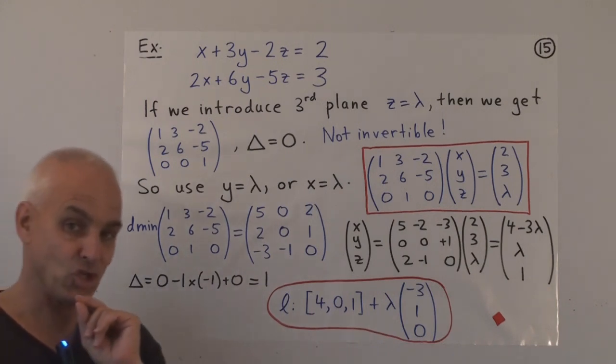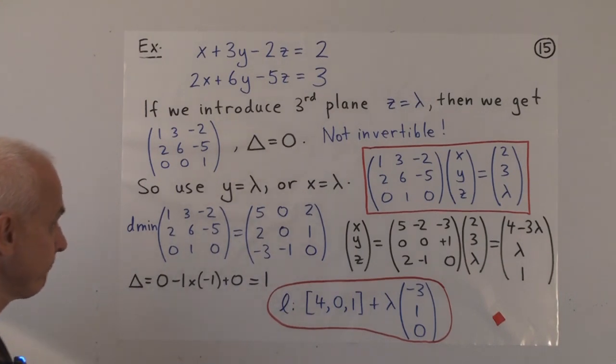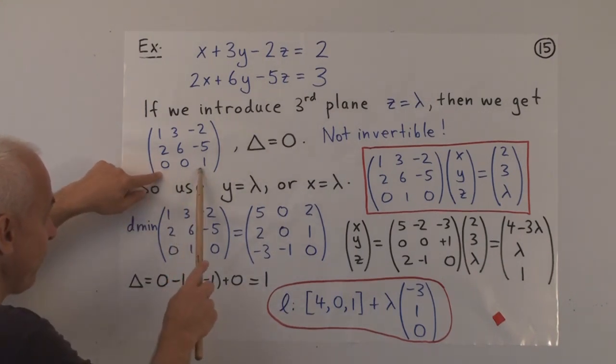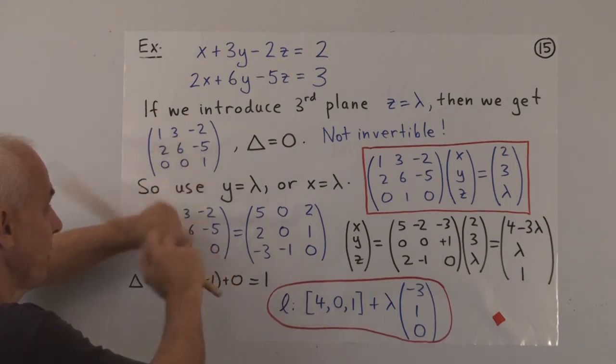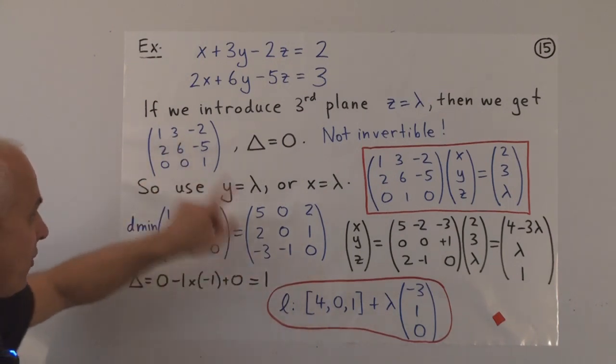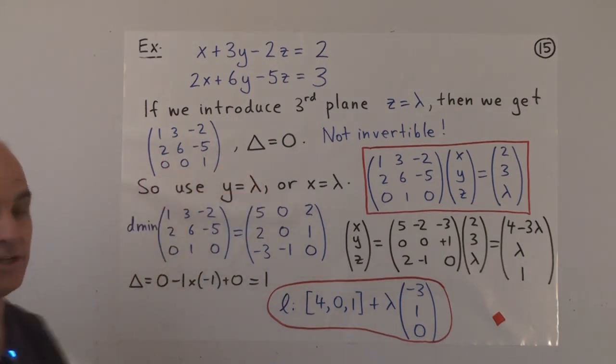And if we calculate the determinant of that matrix to see if it's invertible, it would be this times this 2 by 2 determinant, and that 2 by 2 determinant is 0. So the determinant of this 3 by 3 matrix is 0. It means it's not invertible.